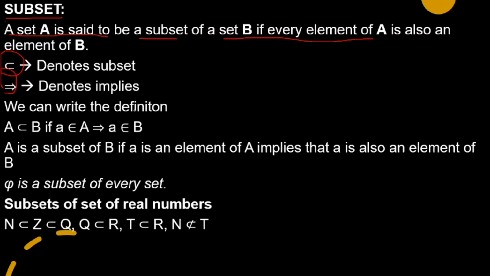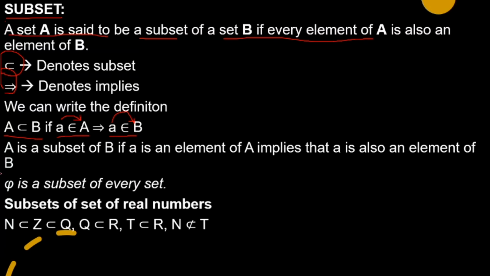Okay. Symbolically, you write like this: A is a subset of B if a belongs to A implies a belongs to B. That is, if there is an element in A, and that same element is also in B, at that time you say A is a subset of B.